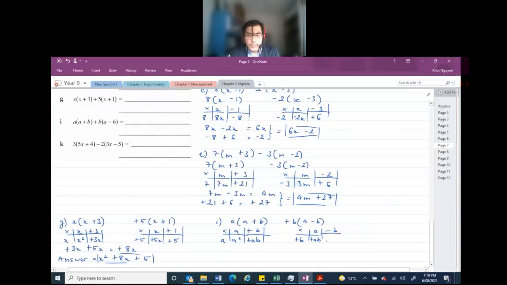Then positive b times negative b, positive and a negative is a negative, and b times b is b squared. So here we have plus ab plus ab. That's going to give us 2ab, two groups of ab.